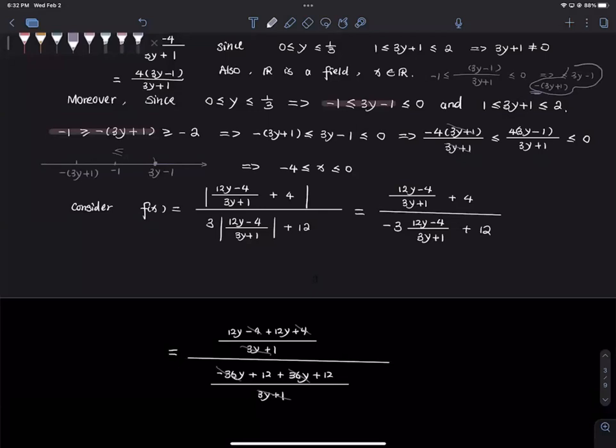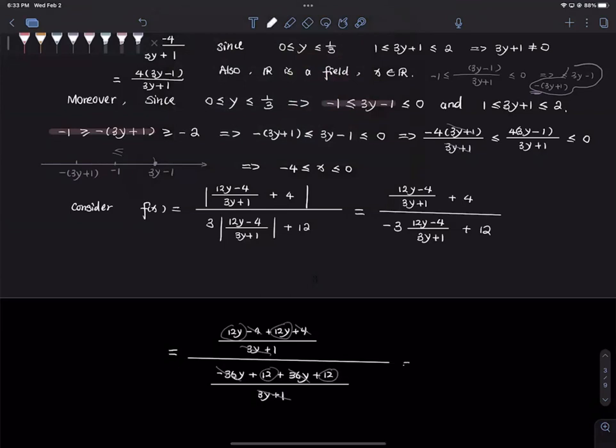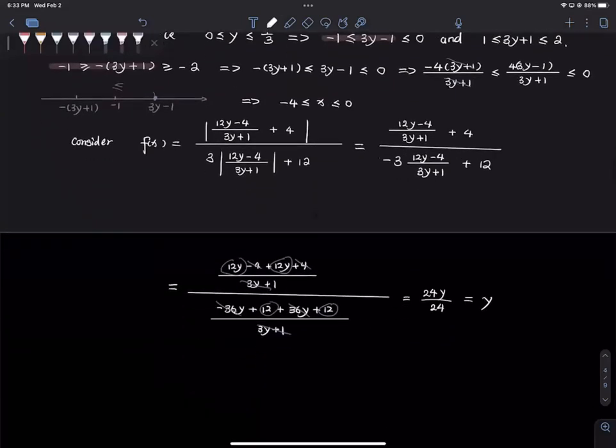You're left with only this, and this, right? So that's gonna be 24y over 24, which is y. We're done. You see, we're done.